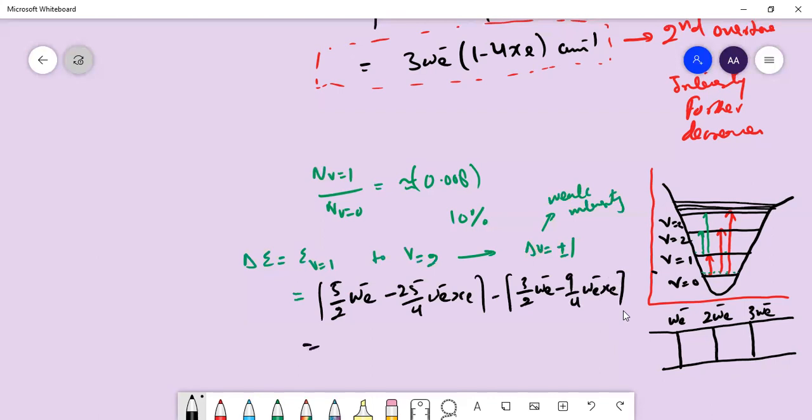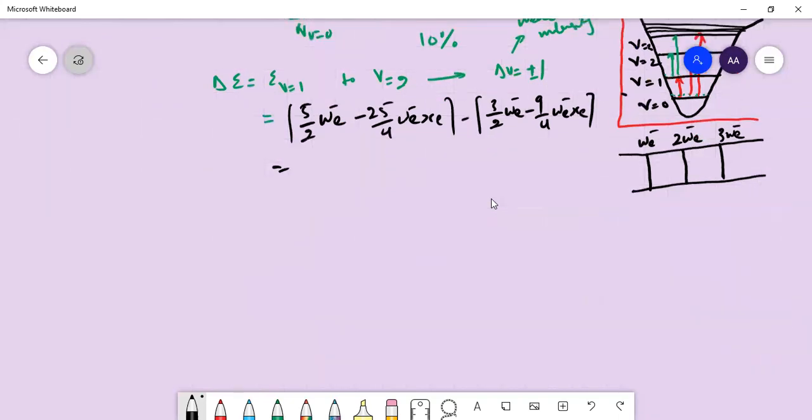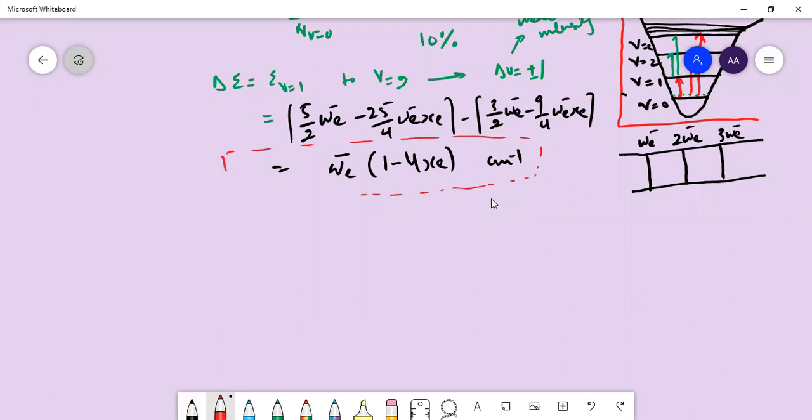If you solve this equation and combine the similar terms, you will get delta E is equal to omega E bar (1 minus 4 XE) centimeter inverse. The band that appears due to this transition is known as a hot band.